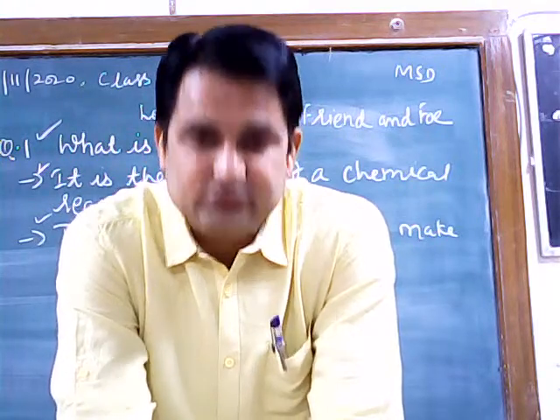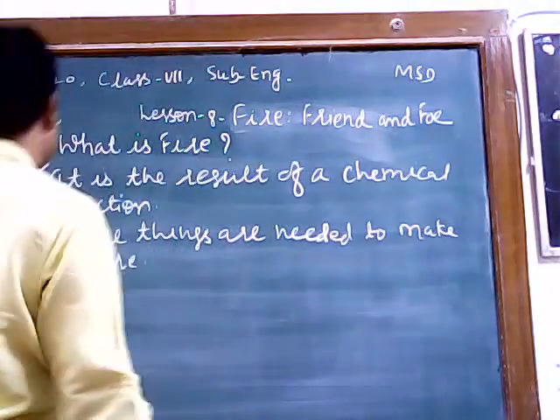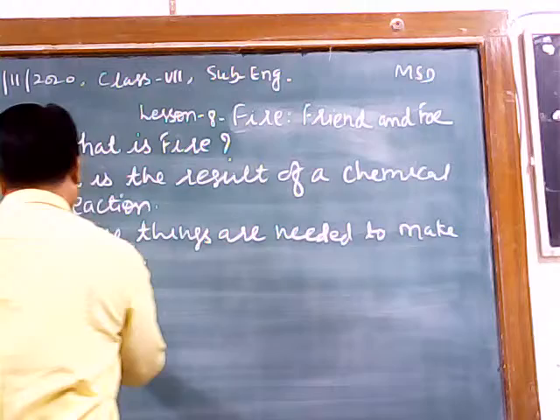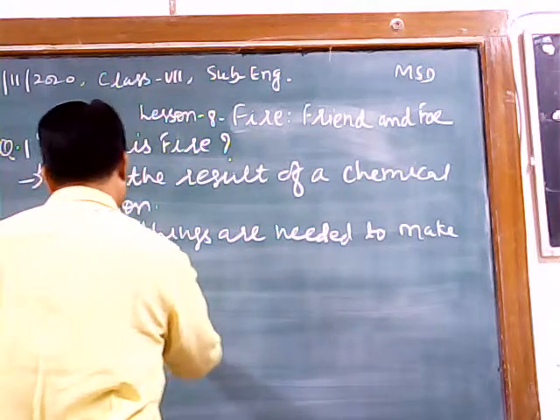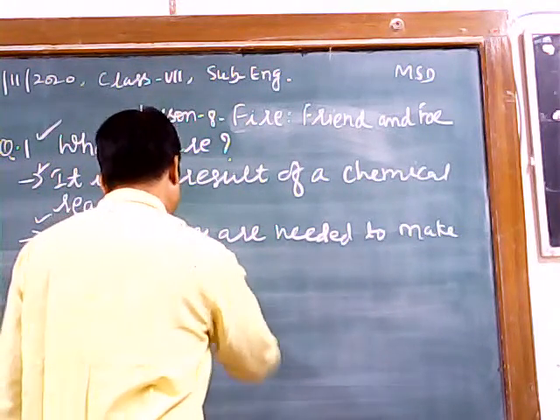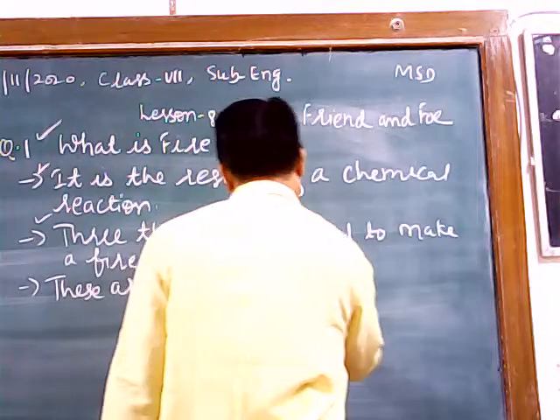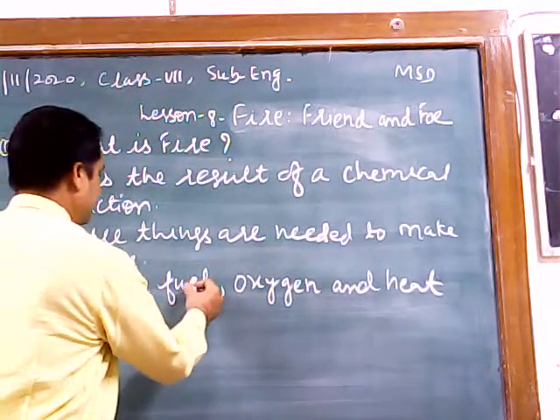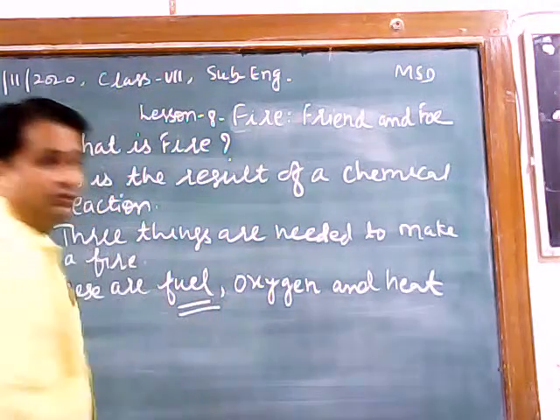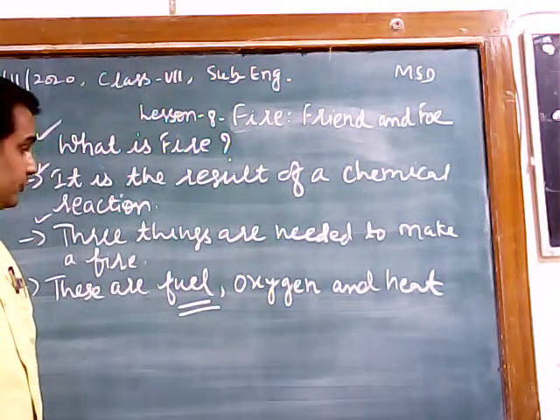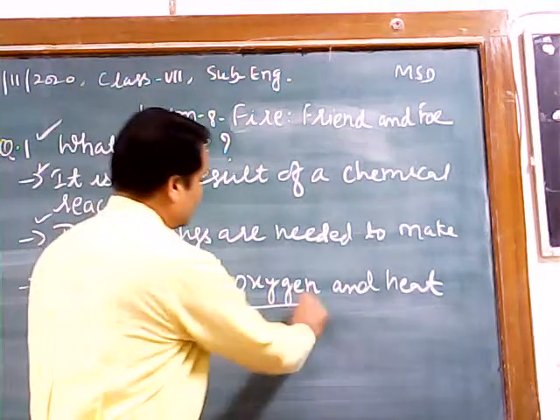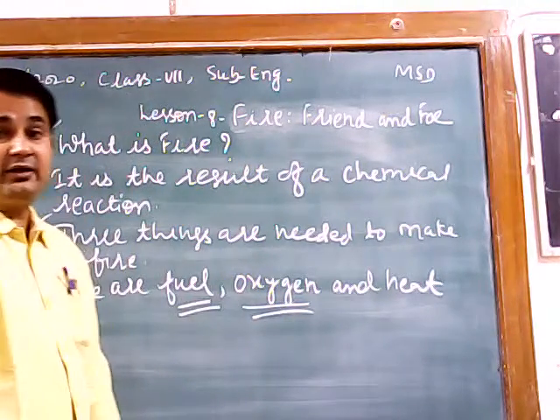These are fuel, oxygen, and heat. What are these things? For making fire, one is fuel. You must have the fuel. Then what is the other thing? Oxygen. Oxygen should be there.